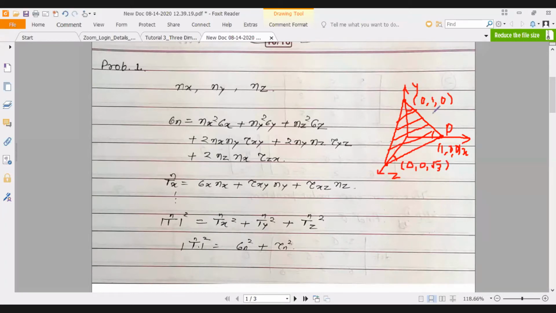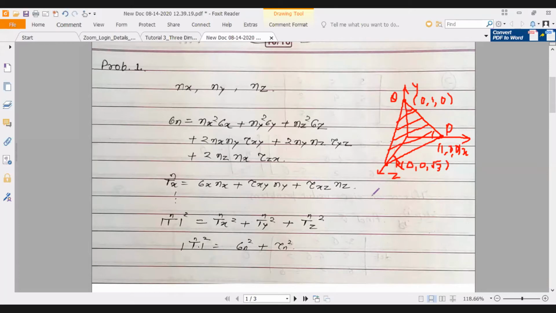Now with these coordinates you can calculate the vector of any two lines, either this line or this line. Suppose this is P, this is Q, and this is R. They are the points, and with the help of these three coordinates you can easily calculate the vectors.